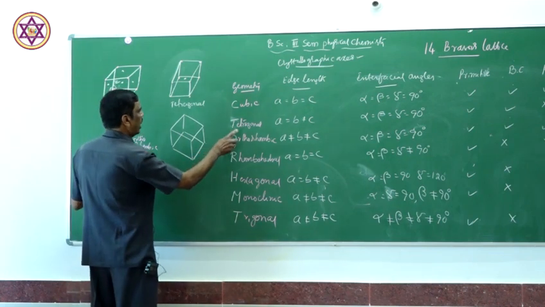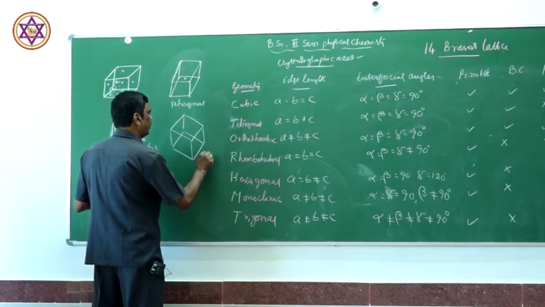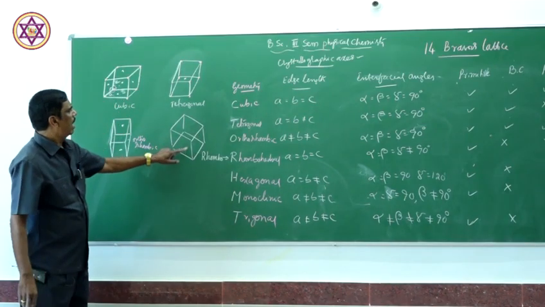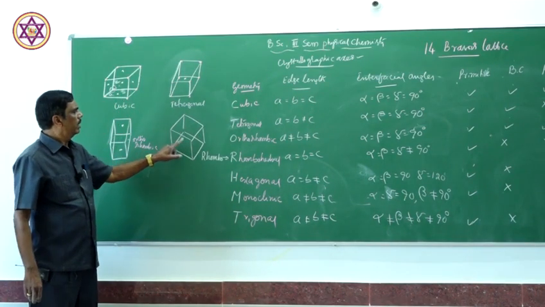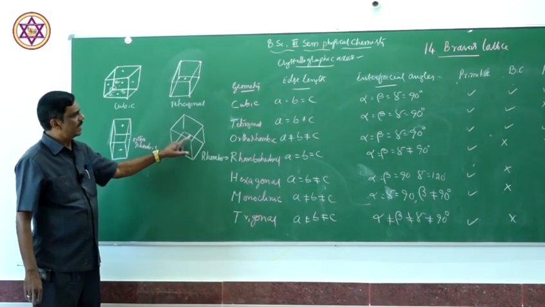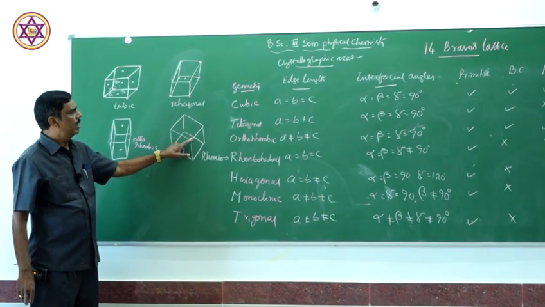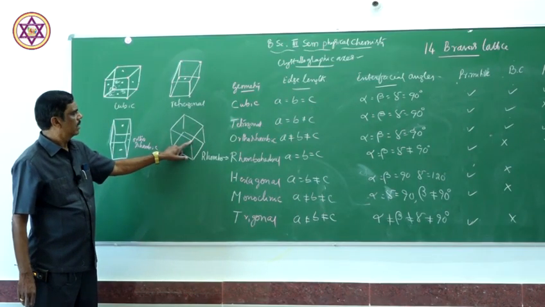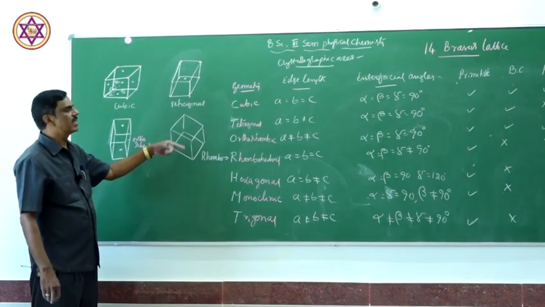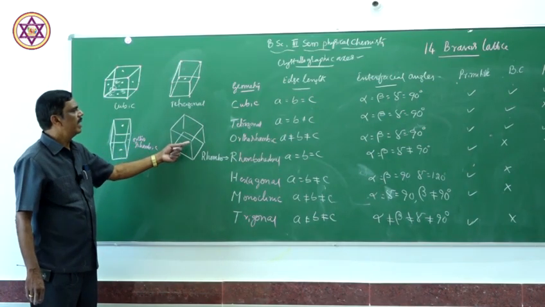This is rhombohedral. In this rhombohedral, all the edges are equal, but the angles are not equal to 90; the angles are different from 90 degrees.